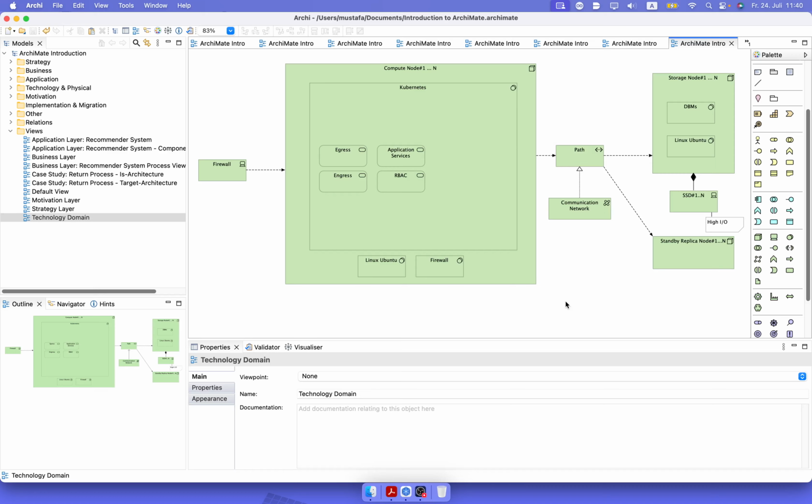One of the things we can do is ask why we have a Kubernetes cluster only for the compute and not for the storage. And this is quite a debate: whether the database should also be hosted on Kubernetes.